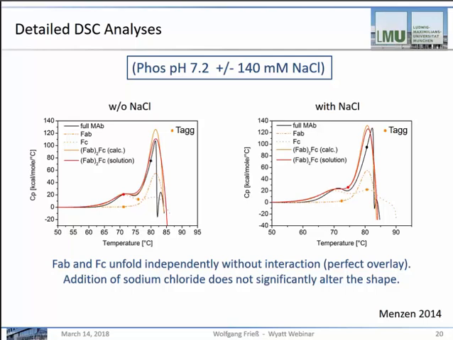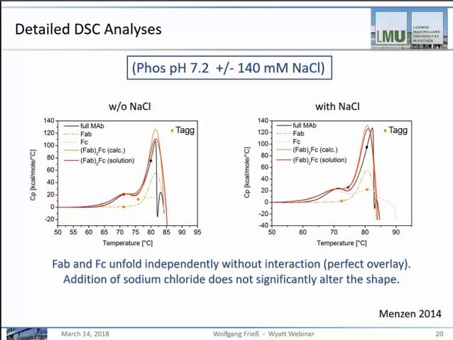That's different from the Fc part, because you see that the Fc part shows two different transitions. The first part of unfolding already starts at temperatures well below 70 degrees C, but without leading to aggregation. Aggregation sets in at about 75 degrees C, maybe when the second unfolding starts to occur.